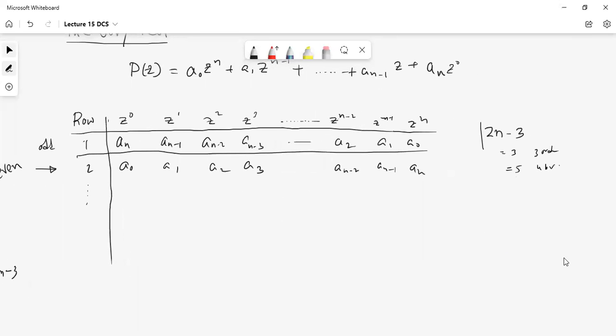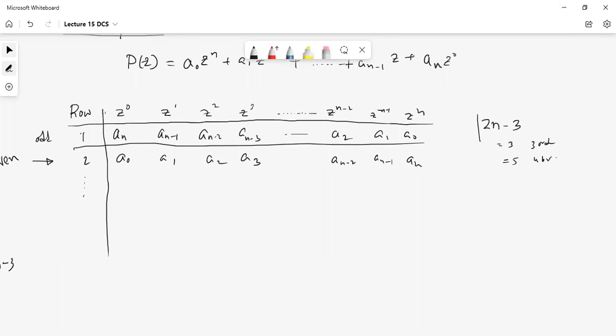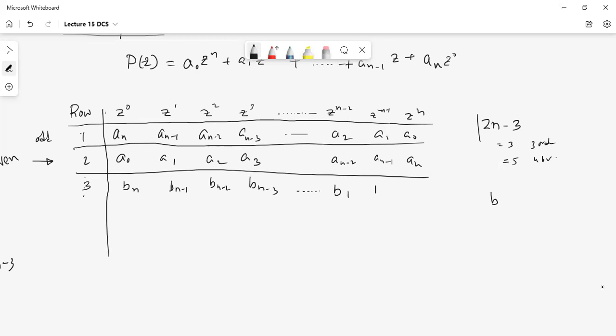Now, what will be the next rows? The next row will be B, say the third row. So it has to be Bn, then Bn minus 1, Bn minus 2, Bn minus 3, and it will go up to B1 and B0.